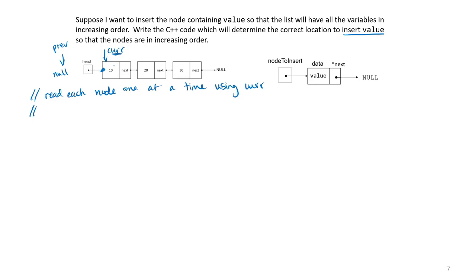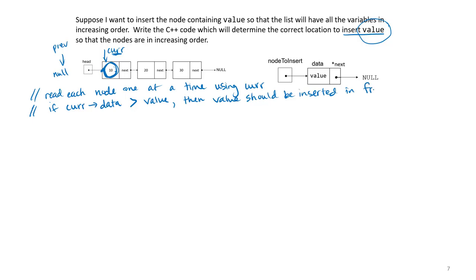And then we can check the value that cur is pointing at, using the asterisk or with the arrow operator. We check if current arrow data, that's the value of the data where current points, is greater than the value. Then we know value should be inserted in front of cur's node.